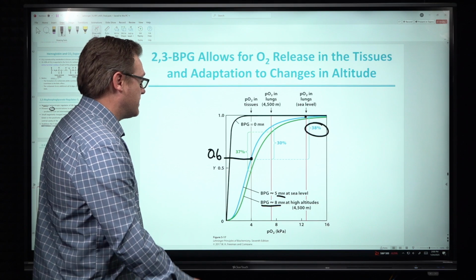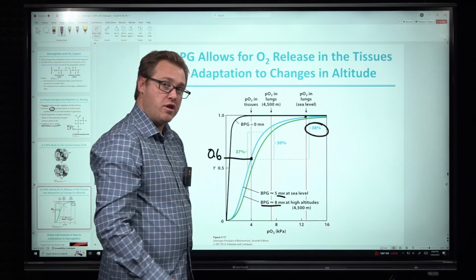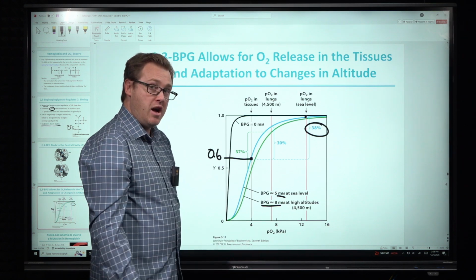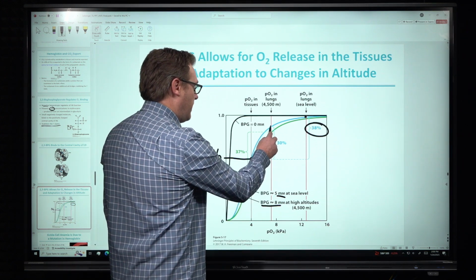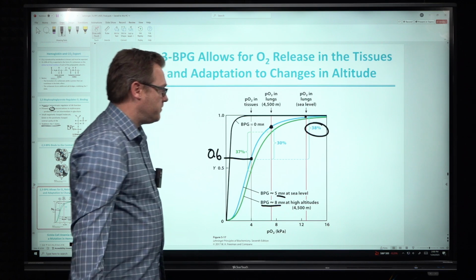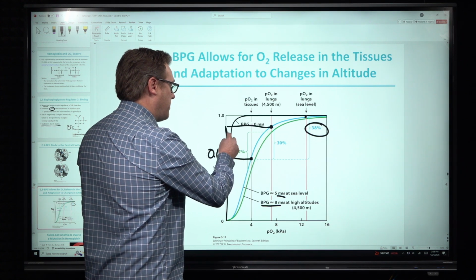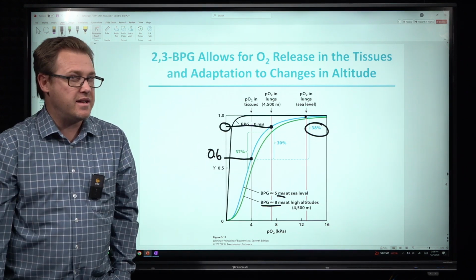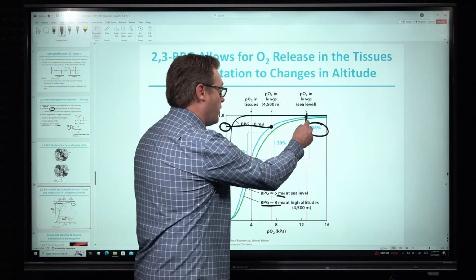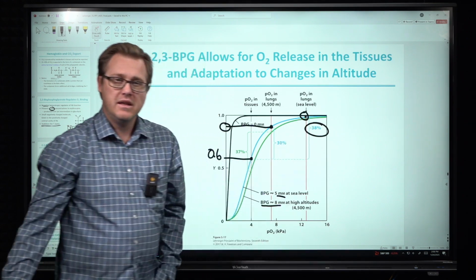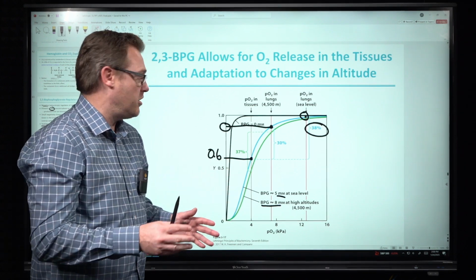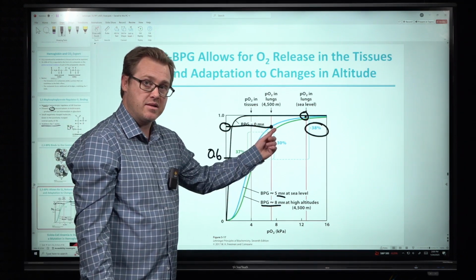Look at what happens. So the partial pressure of oxygen in your lungs at a high altitude is right there. Okay, so clearly when you extrapolate over here, it's not as saturated as it is over there. So there's less oxygen in the hemoglobin when it gets to the lungs.